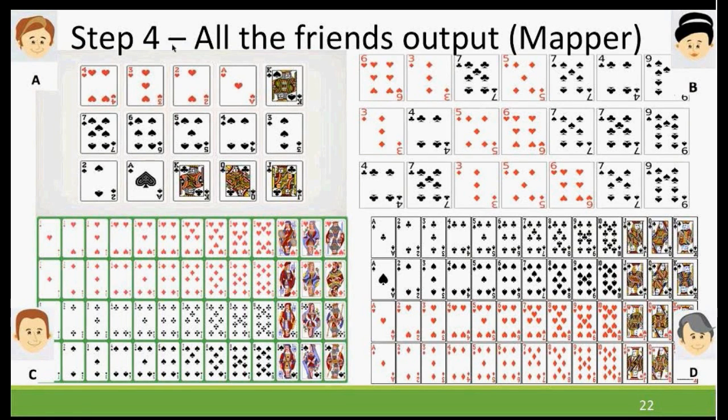It's not the same. It's not necessary that they will all have all kinds of cards. For example, C and D seem to have the full pack of cards and several of those, but A and B have some of those cards, and some cards are not in their pile. That is perfectly fine, because they got a randomly selected set of cards, and that's what they worked with.